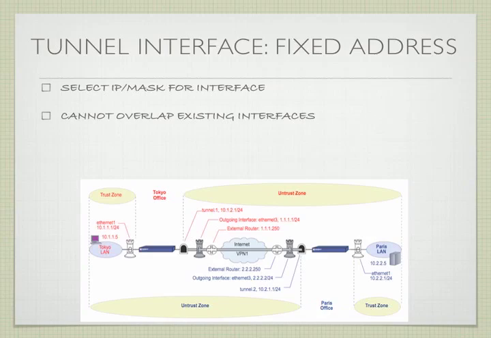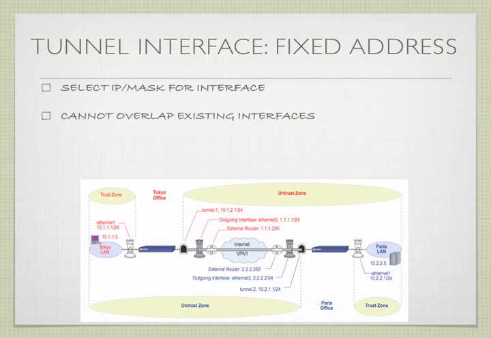When you create this IP address for the interface, the same rules apply with every interface on the device, so you can't overlap with an existing interface on the same device. So we could not put the Tokyo office tunnel interface as 10.1.1.2.